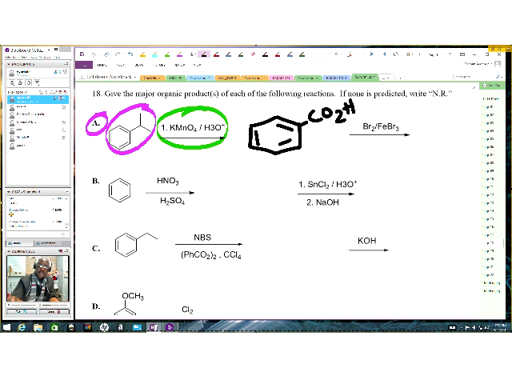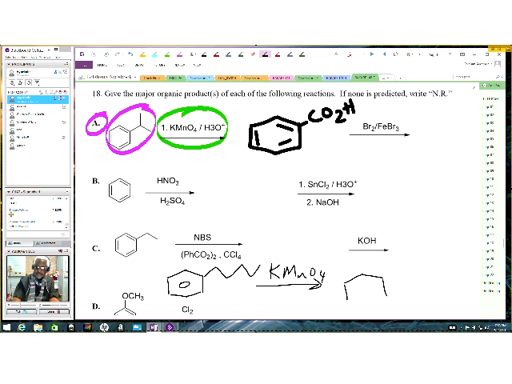Folks, anytime you have an alkyl benzene, it does not matter what kind of alkyl group you have on the benzene. Even if it is this long, that alkyl group will be oxidized completely to a carboxyl group.